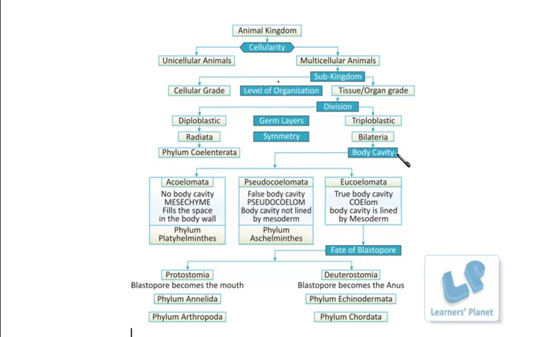The next part is the body cavity. When development takes place from these germ layers, these organisms show some space between the layers. Whether this space is present or not, or well separated from the other, it is divided into further categories. There are different types of cavity, and it occurs in a developmental form only.